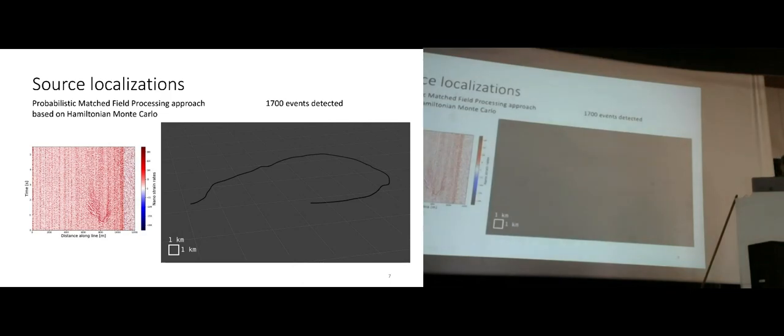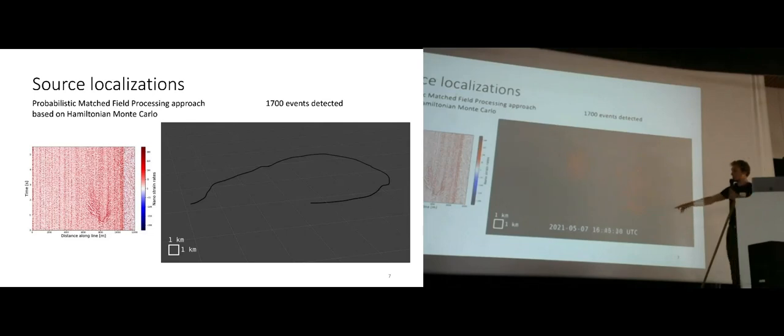Because full-waveform inversion is based on actually simulating events, we first have to detect some events, so we use an STA-LTA algorithm to find events. Here, for example, you can see that there was an event happening, and using a very fancy-sounding algorithm called the probabilistic match field processing approach based on Hamiltonian Monte Carlo, we actually get some probabilistic locations that you can hopefully see in this short video, that there are events popping up.